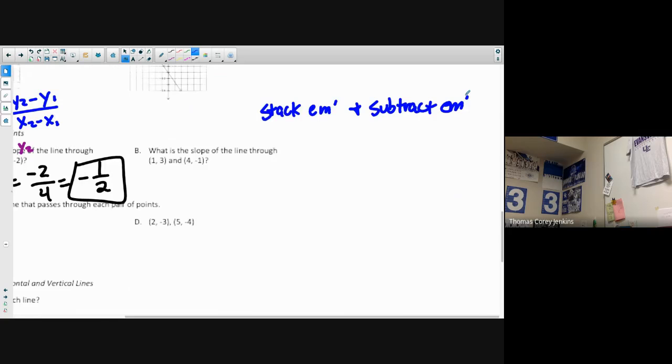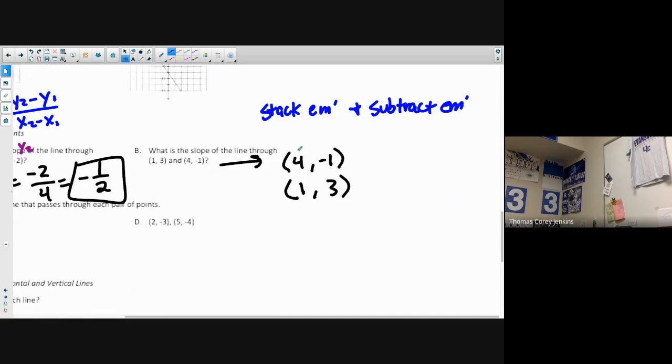So when you stack them, it doesn't matter if you do this one over top of that one or vice versa. I'll just do this one over that one, but you could flip the order there. Okay, so I stack them, and I'm going to do 4, -1 over 1, 3. So this way my y's are lined up and my x's are lined up.